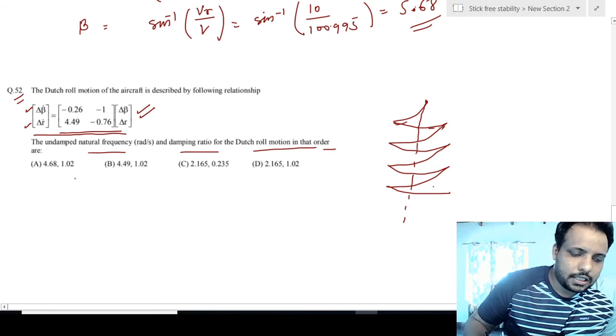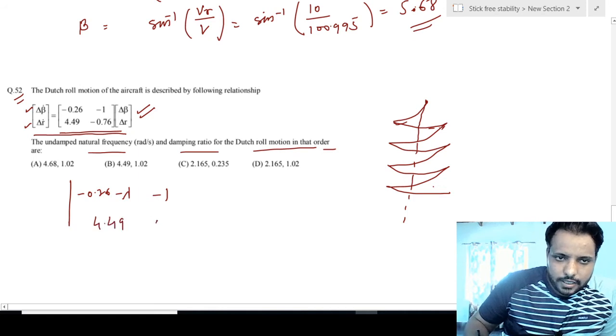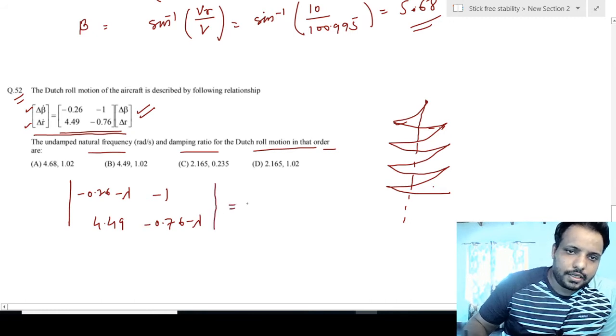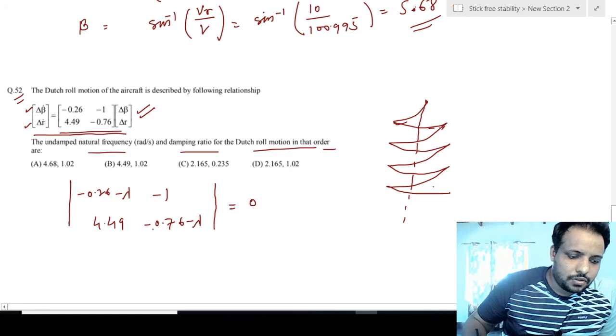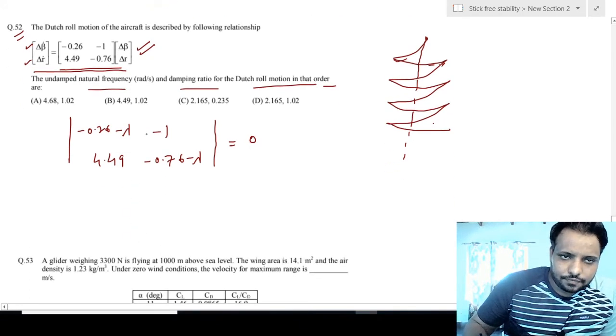So I'll take the determinant of this in this manner, minus 0.26 minus lambda, minus 1, 4.49 and 0.76 minus lambda, like this. So this will give me the characteristic equation, which will be just cross multiplication of this.